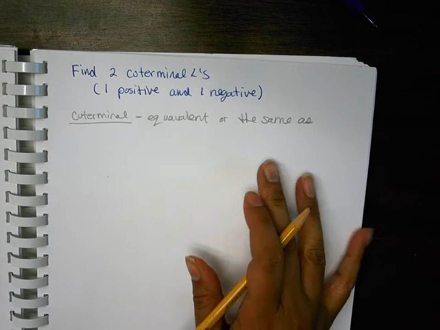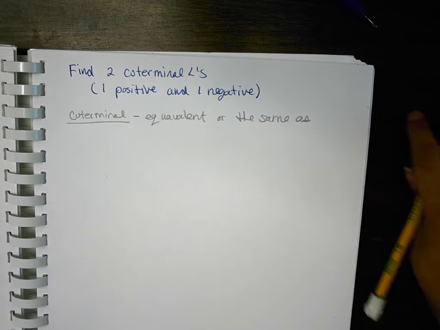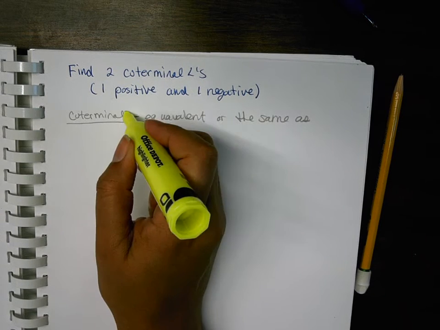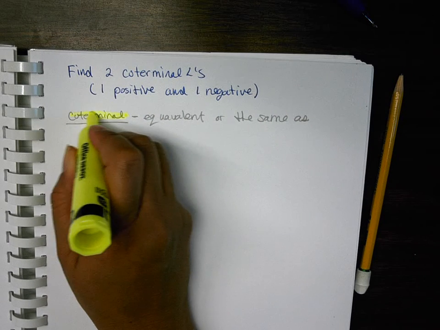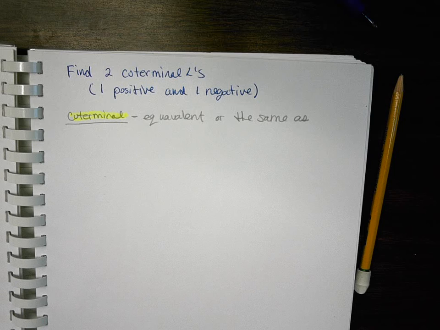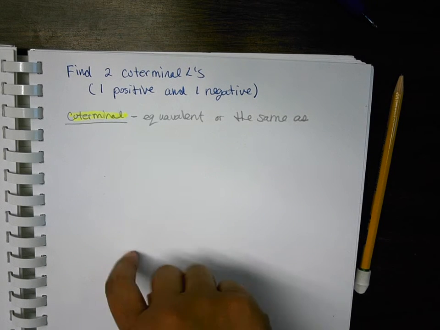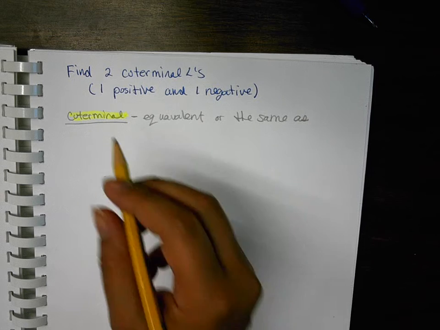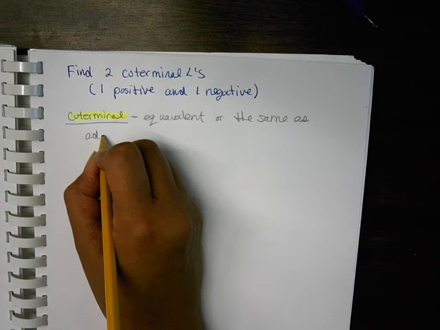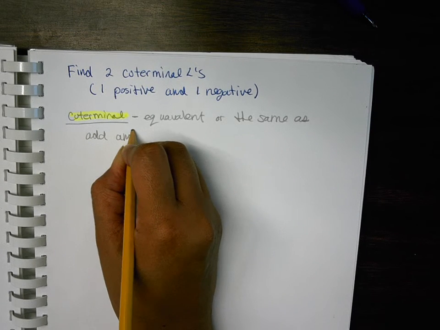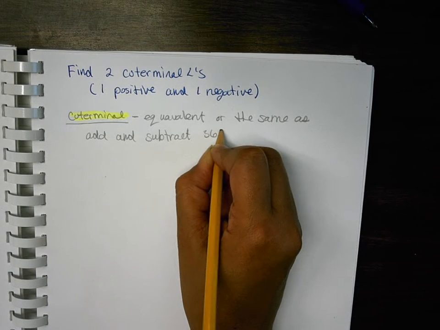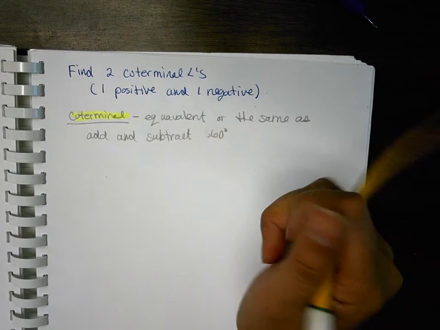Now many times kids find this really easy, and it is really easy, that they forget to study it, and test day comes and they're like, oh, Mrs. Torres, what's coterminal, or how do I find coterminal? Go back and study it, do not forget. All right, and you gave it to us. You said to add and subtract what? Add and subtract 360 degrees.